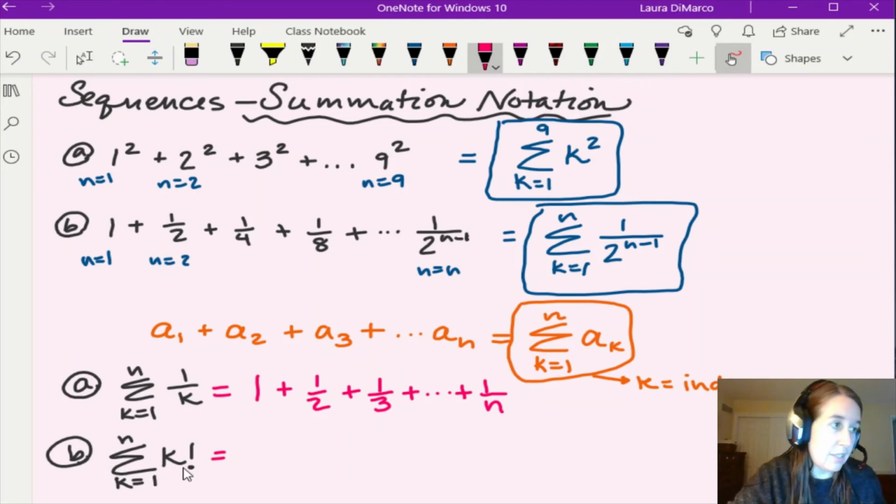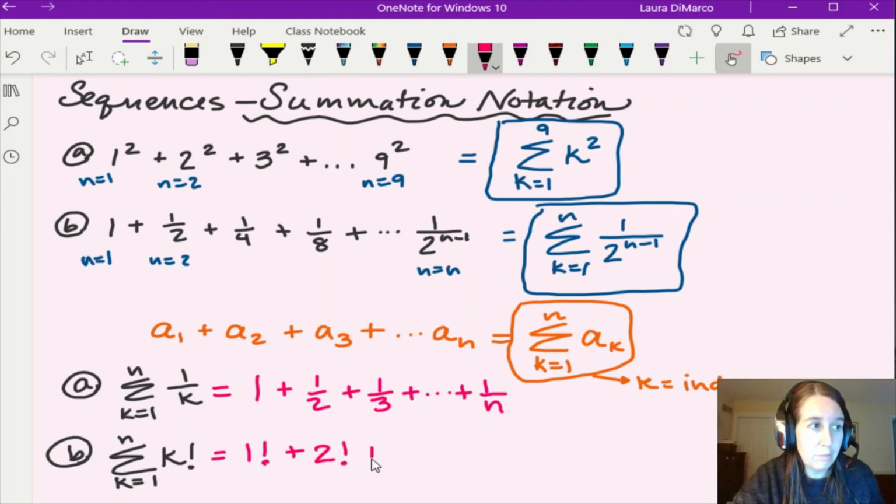So this is the sum of each factorial starting with k equals 1, right? So this is 1 factorial plus 2 factorial plus 3 factorial plus all the way to n factorial. Probably keep a plus sign in there. Okay, so that's what the sigma notation means.